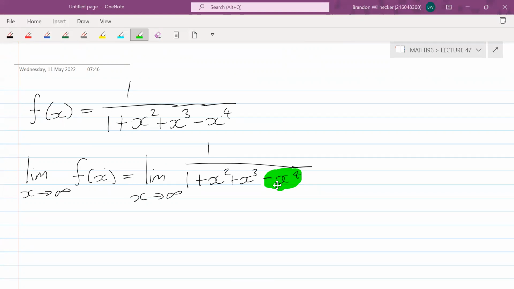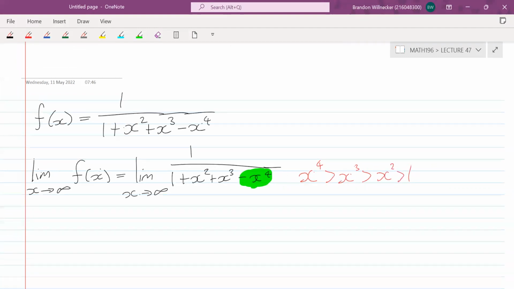So for larger and larger x, x to the 4 is going to grow much larger than the other terms. Okay, that's because x to the 4 is greater than x to the 3, greater than x squared, greater than 1 for large x.